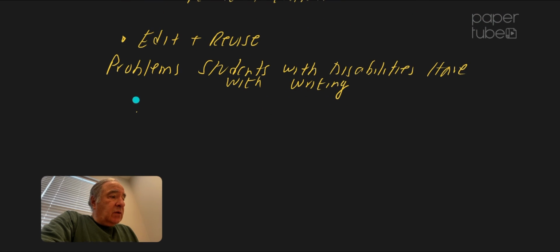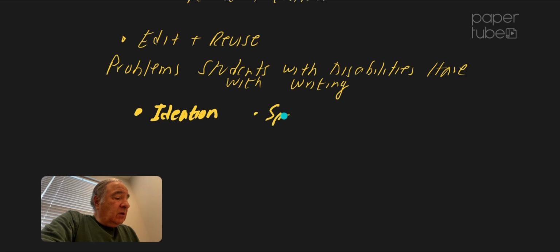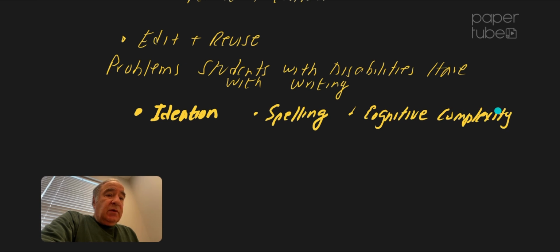So certainly we have ideation, and that is ideation has to do with ideas. A lot of students have difficulty with spelling, which can really get in the way of them getting their sentences and ideas down. And also, when we think about writing, there's a tremendous amount of cognitive complexity to the task.